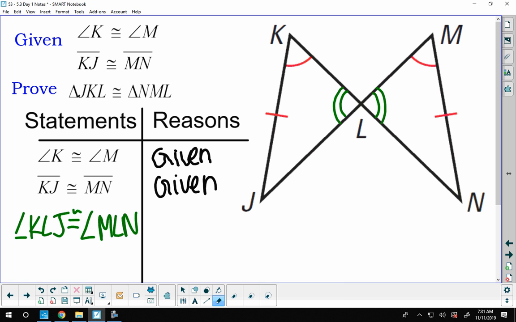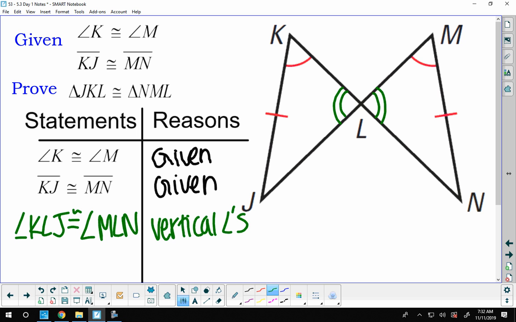So I used my congruence statement to help me write the congruent angles, and these are congruent because they are vertical angles. So if you look at your picture, K has 1 tick mark, L has 2, and J has none. And if you look at the right triangle, M has 1 tick mark, L has 2, and N has none. So you can see that those are corresponding parts that match up.